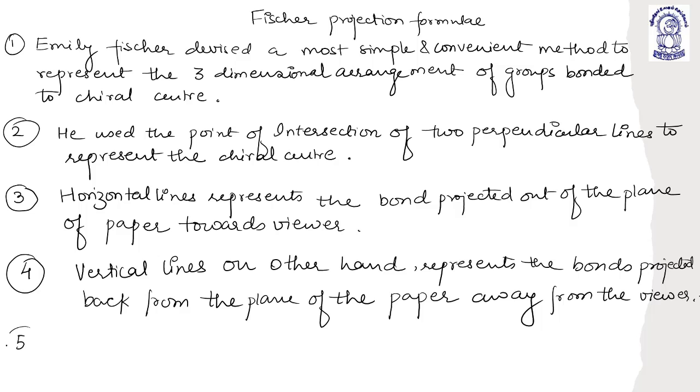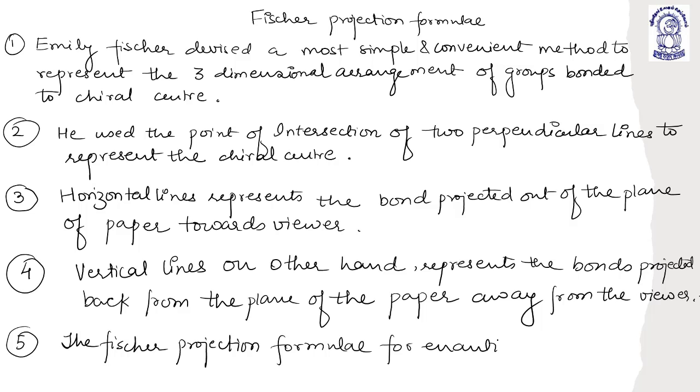Fifth point is the Fisher projection formula of enantiomers. The Fisher projection formula for enantiomers of 2-butanol is as follows.